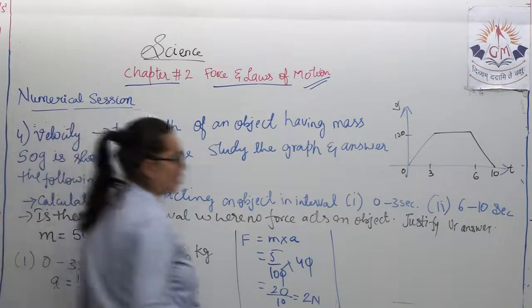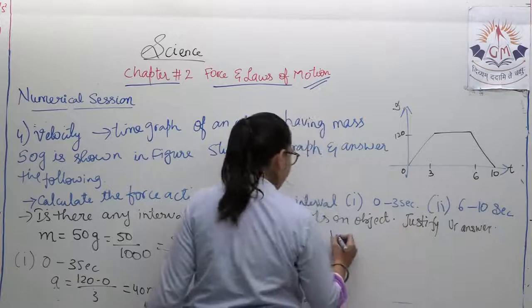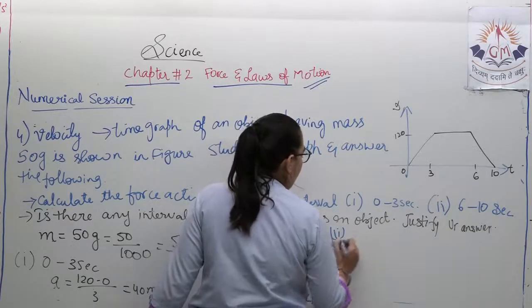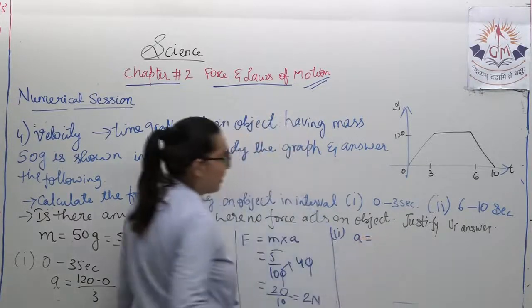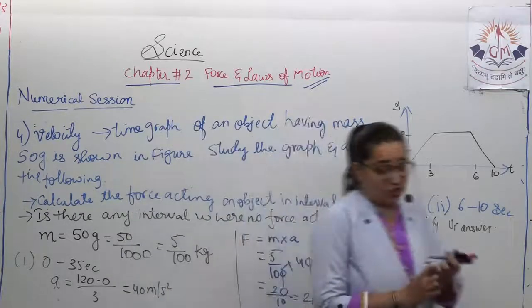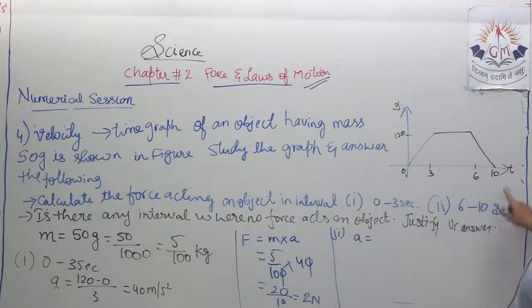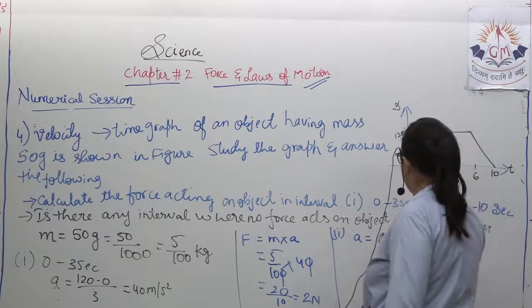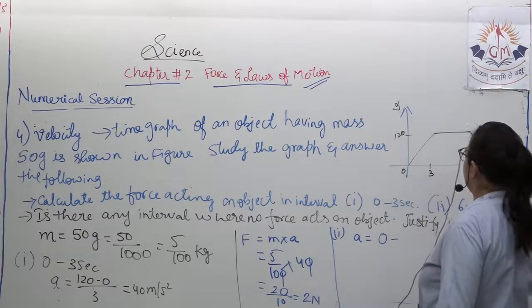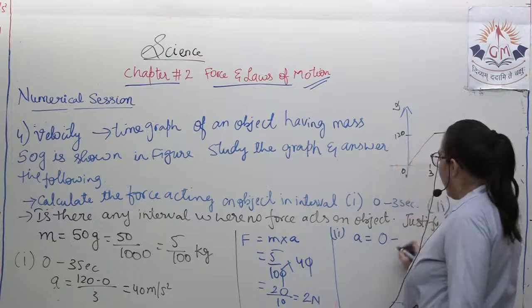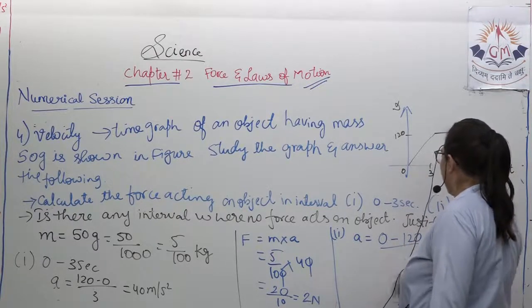Next, 6 to 10 seconds, this interval. For the second interval, what will be the acceleration? Final minus initial. What is the final velocity over here? At 10 seconds, the final velocity becomes 0. So acceleration is 0 minus the initial velocity, which is 120 because it is falling from 120.